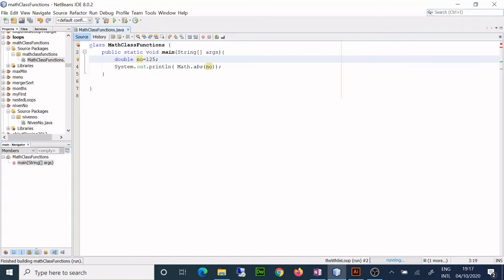So what does abs do? The abs method returns the absolute value of a number. That's what abs does.